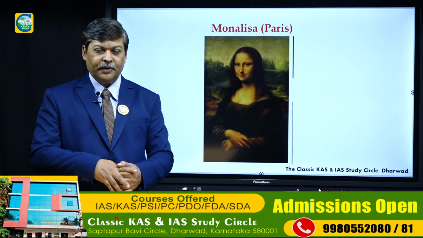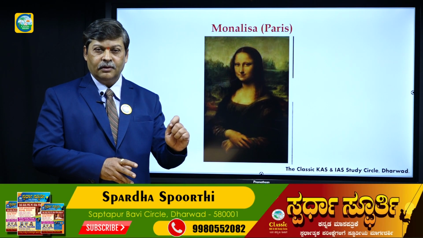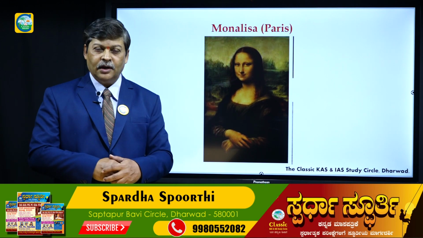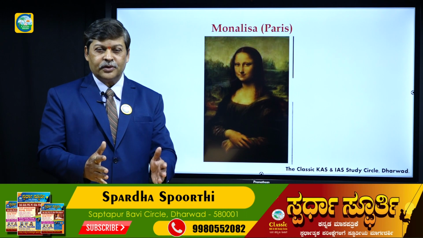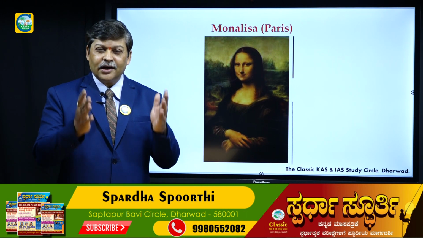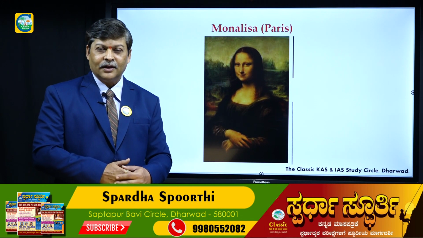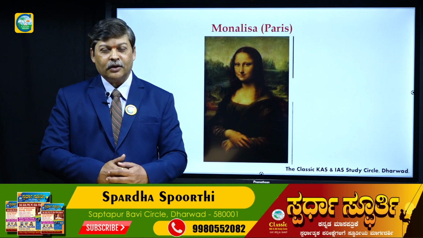One of the most precious treasures of the Louvre Museum is the Mona Lisa. Lakhs of visitors come to this museum every year to have a look at that smiling lady, the painting of Leonardo da Vinci.